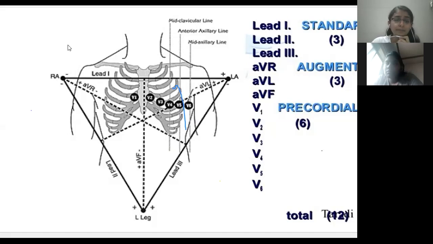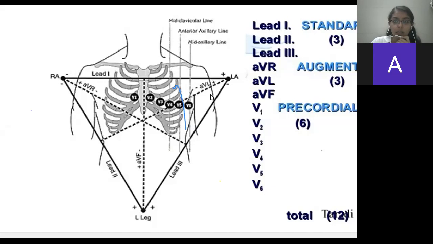So these are unipolar leads, so they are not in combination, and they have direct perpendicular access to the chest cavity, as you can see here. And they always have a reference electrode which is being placed at the other 2 places of the body. If say you take AVR, which is placed on the right arm, it will have reference on the rest 2 places.